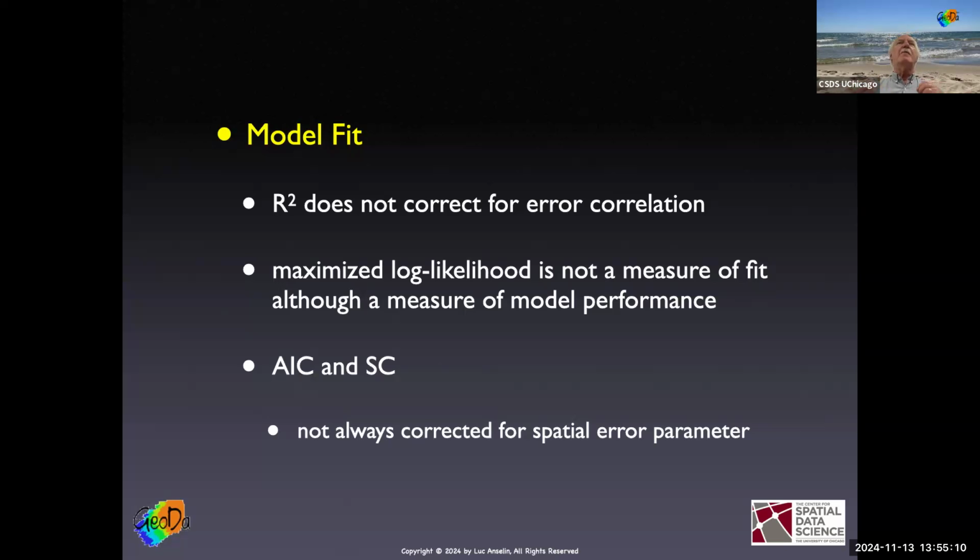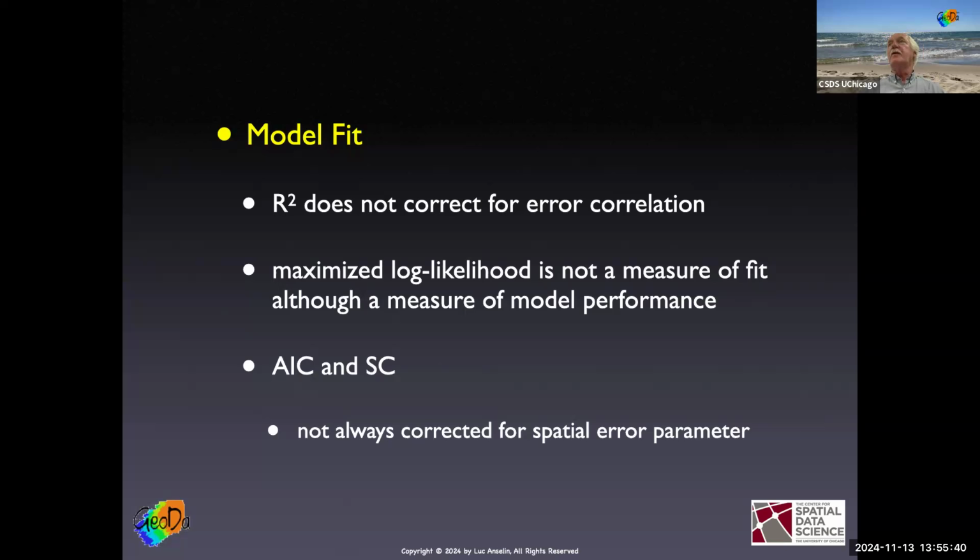One thing that I've found is that different software packages don't always count lambda as a parameter. So it is debatable. It's a nuisance parameter. If you don't count it as a parameter, then there is no correction between, the correction for a standard regression and a spatial error regression will be the same.